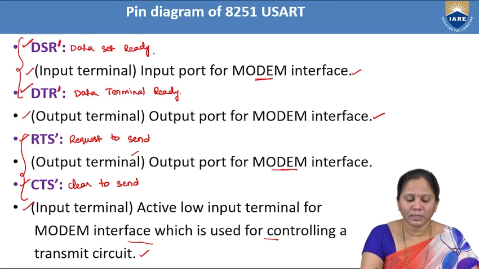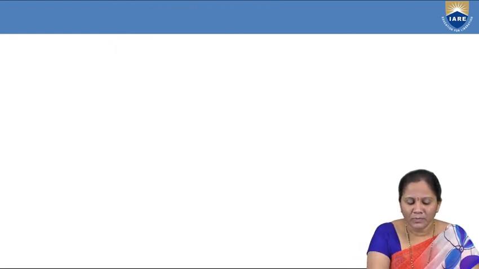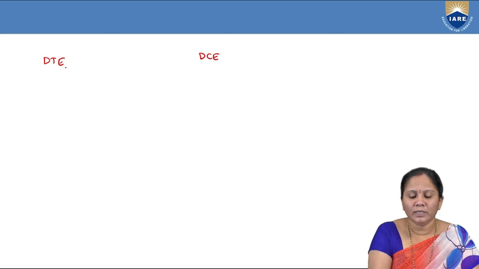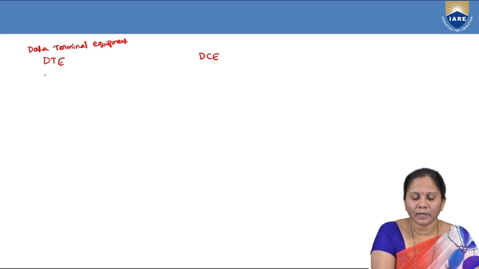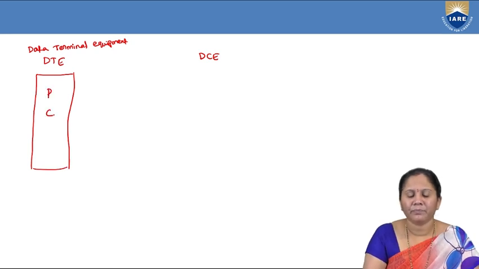So in order to clearly understand this DSR and DTR and RTS and CTS, let us take DTE and DCE. DTE stands for data terminal equipment. Okay. So here the data terminal equipment, what we can consider? It can be a PC.